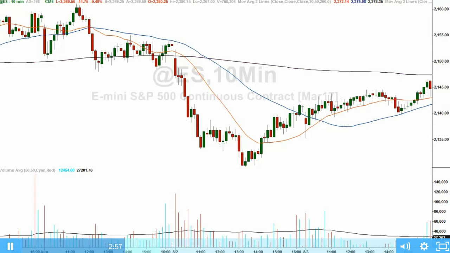When you see a 20-period moving average, it's tracking 20 periods, or 20 candles or bars in this example. The 50-period moving average is tracking 50 candles, and the 200-period moving average is tracking 200 candles. And that's why you see one being slower moving, the 200-period moving average, against the quicker or faster moving average, which is the 20-period moving average.